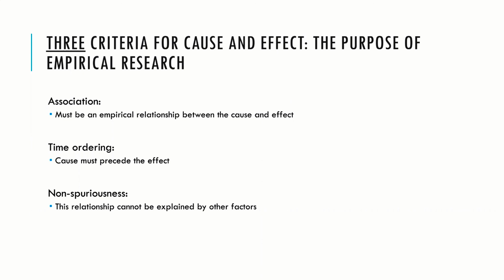Now, let's take a step back. Does that make any sense? Shoe size would cause reading comprehension change? No. On its face, there's no validity. But they found an association, and they measured shoe size before they measured reading comprehension. So we met the first two criteria. But what about this third one?